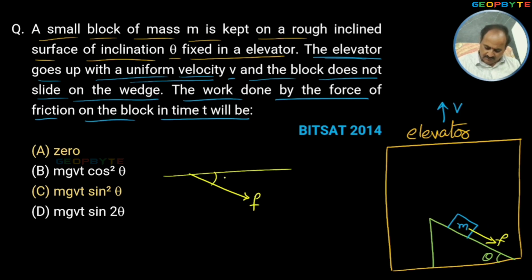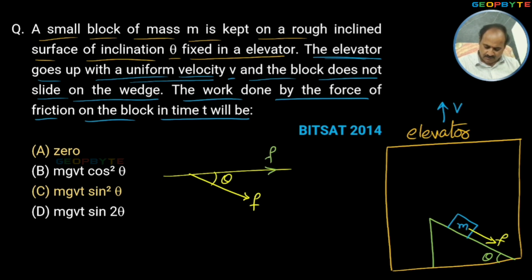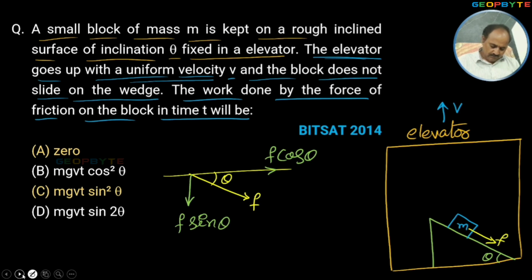Since opposite angles are equal, this is the theta. Then it is developing two components of force. This is the horizontal component of force F cos theta, and this is the vertical component of force F sin theta. Okay. Then work equal to what? Then work equal to F sin theta into S. That is Fs sin theta.